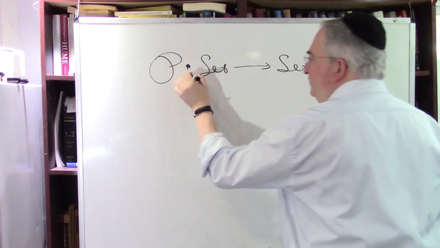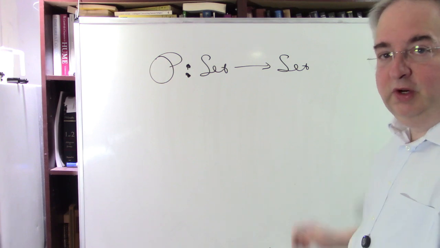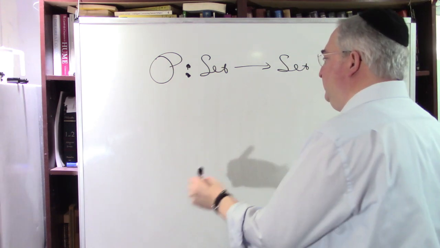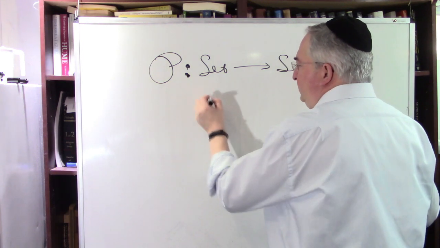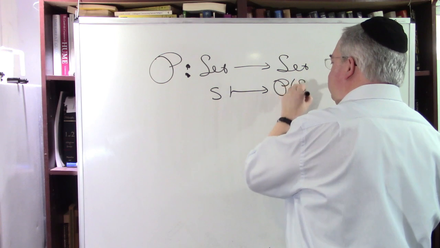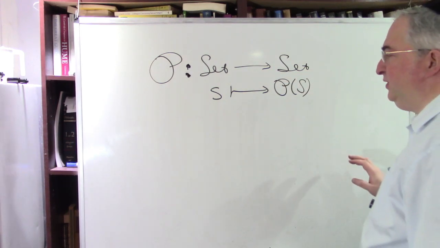You might say, oh, we've seen this before. We saw one version of this. I want to show you another version of this. The idea is as follows. Take a set S, it's going to go to the power set of S. What's the power set of S? It's the set of all subsets of S. We saw this before.